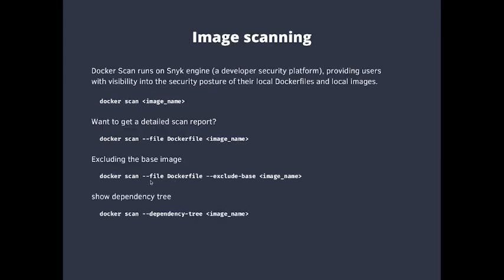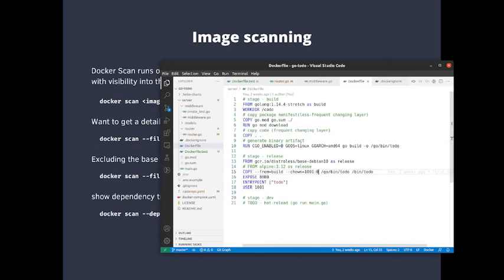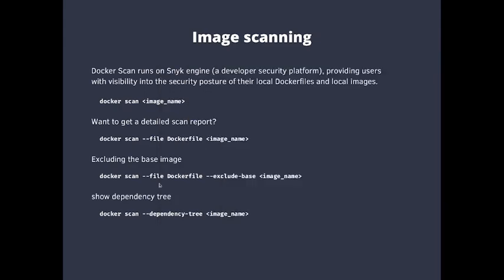Okay, there's one more thing. This is one for the base image. Let's say you want to exclude scanning of the base image, for example the stretch one. If you don't want to scan this particular base image, we can simply say exclude base and the image name which we are trying to scan.